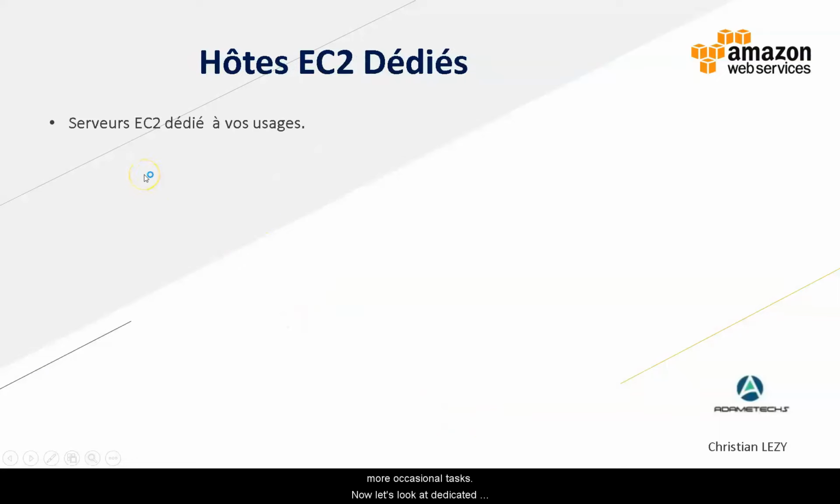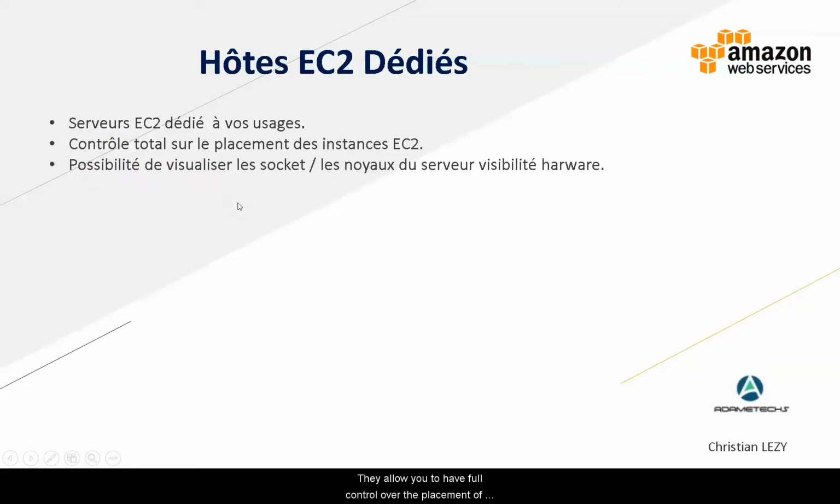Now let's take a look at dedicated EC2 hosts. They are meant for personal use. They allow you to have full control over the placement of the instances. You even have the possibility to see the hardware and the core of the server. This type of instance is useful when the user has to manage a lot of licenses.